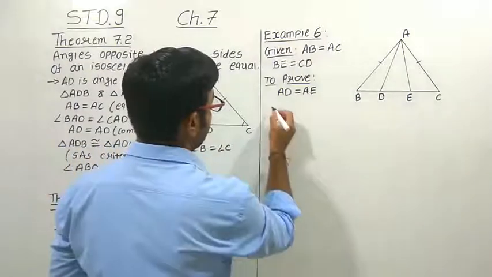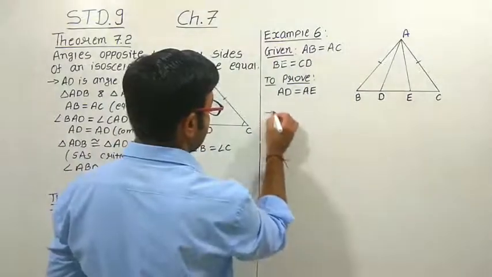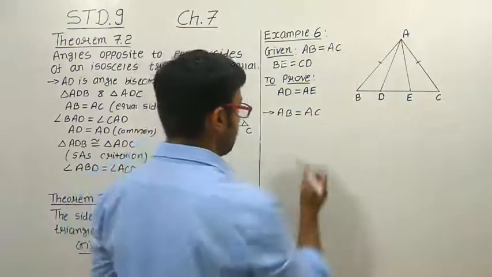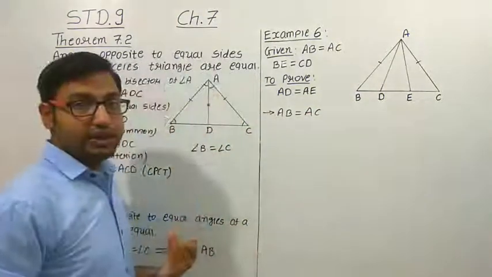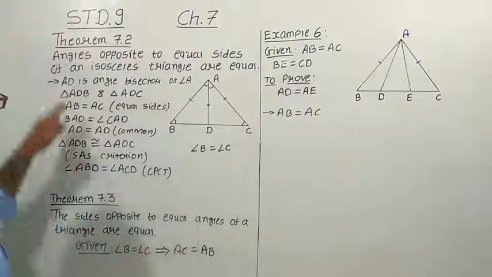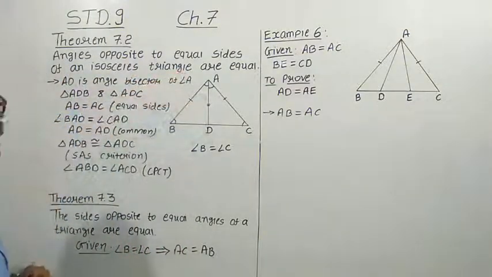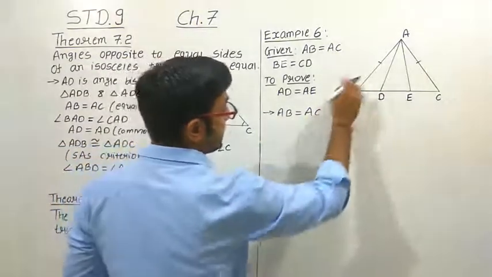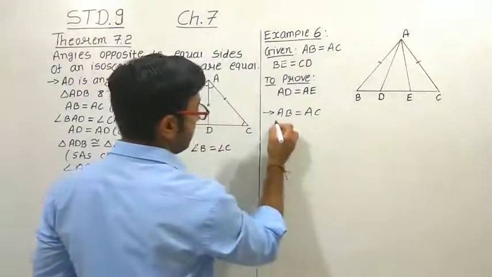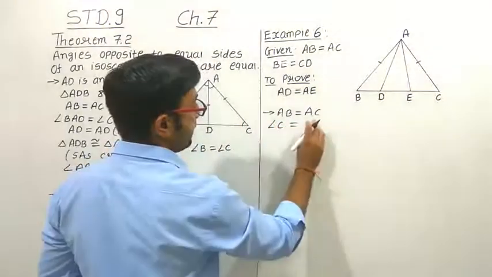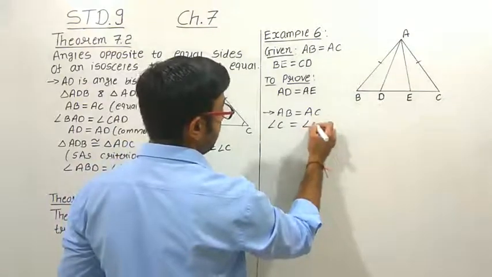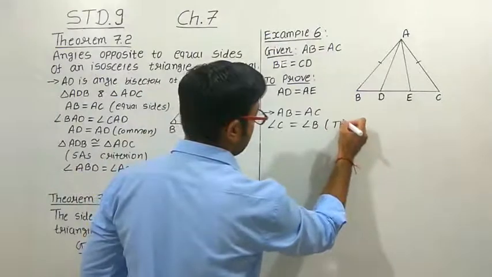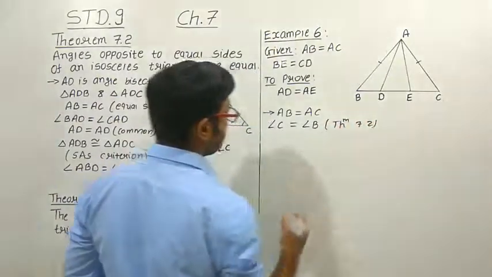So let us first of all write down that AB equals AC. Here we are given that AB equals AC. So if two sides are equal, then their opposite angles are also equal, that we have studied here, right? That angles opposite to the equal sides of an isosceles triangle are equal. So the angle opposite to side AB is angle C, and the angle opposite to side AC is angle B. This we can write down according to theorem 7.2.